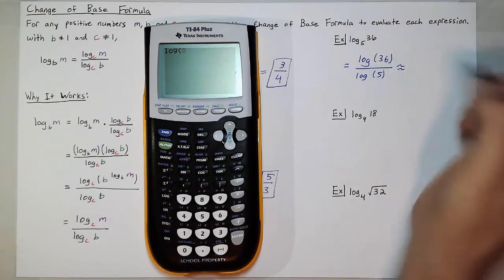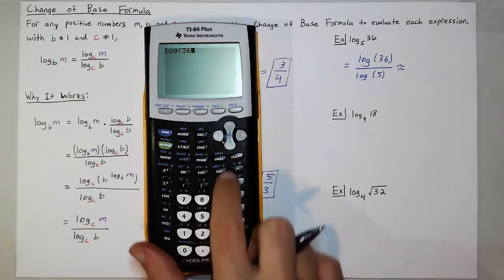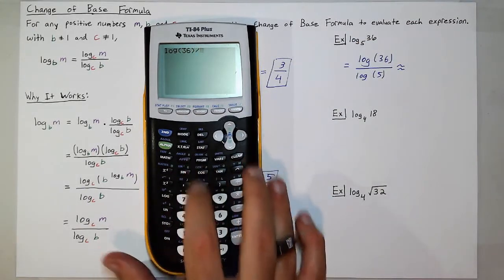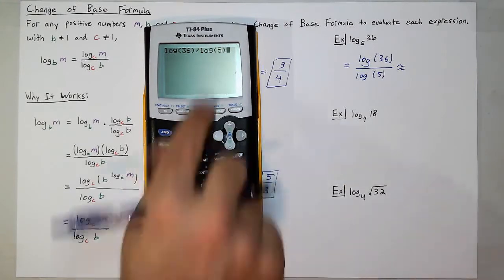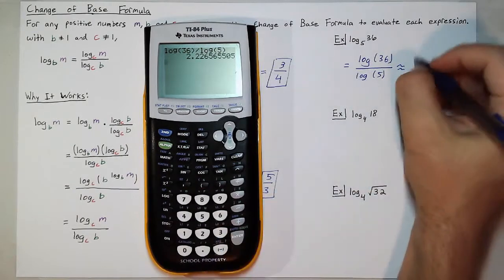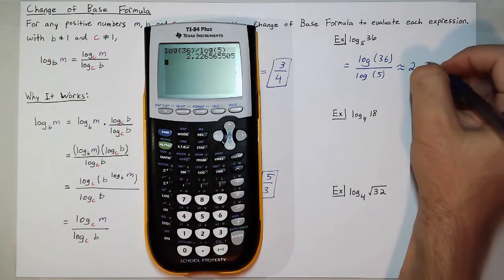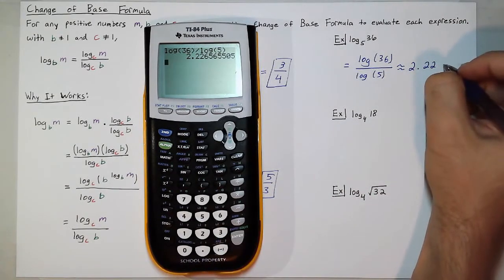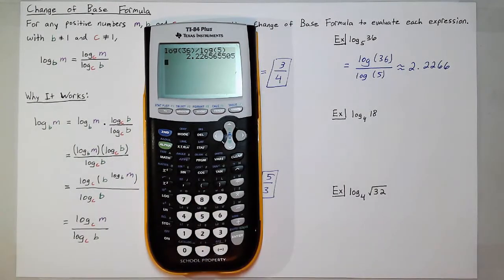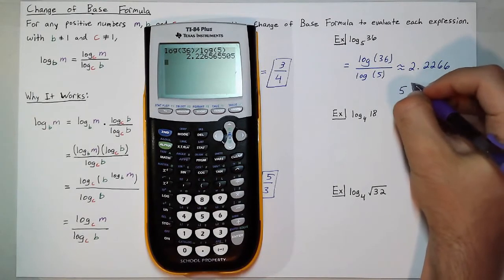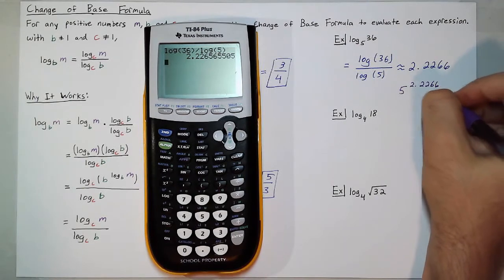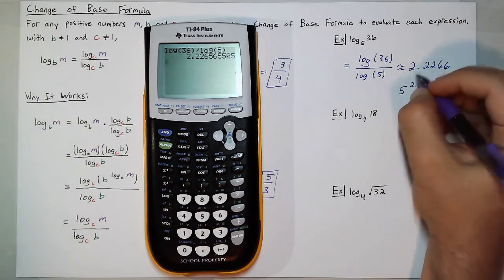And that decimal I get is what log base 5 of 36 is. So log of 36 divided by log of 5 is 2.2266. So that's the power, if you think about it, that you would raise 5 to get 36.